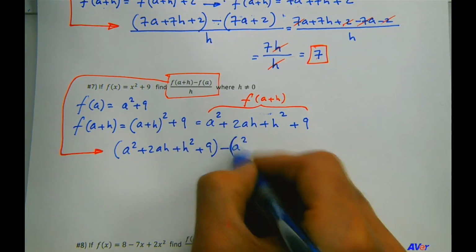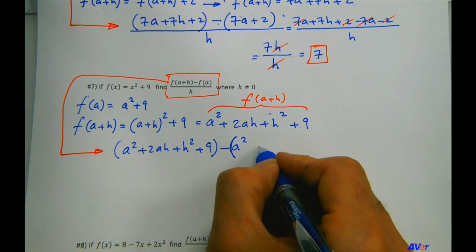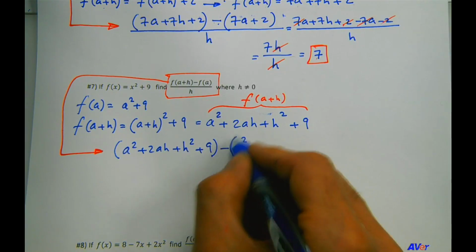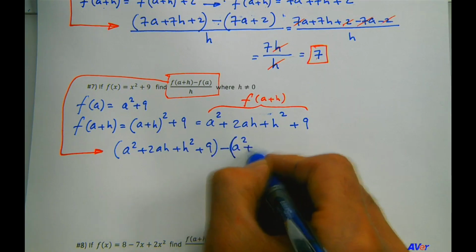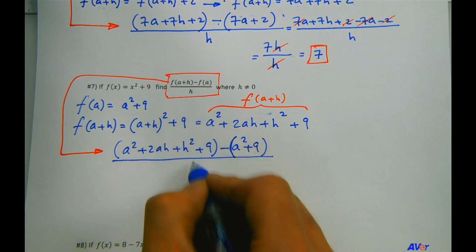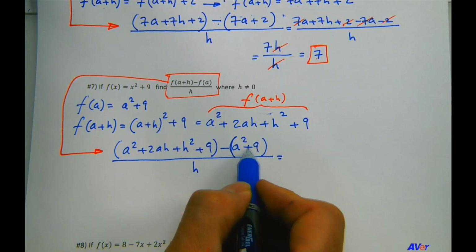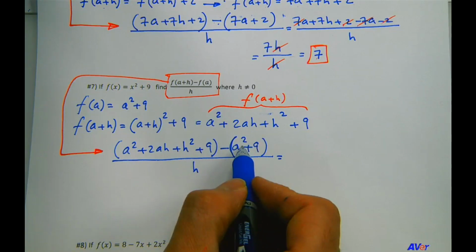Parenthesis, right? Make sure you put the parenthesis there, because this minus is going to distribute itself to both terms, not just one. So minus parenthesis a squared plus 9 divided by h, right? H. So we need to distribute this minus into this and combine the terms we can with these terms.